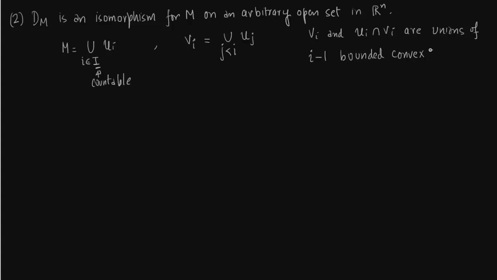And now we have come to the case i minus 1. Obviously, induction means i minus 1 should give you i. So we have to do induction on the number of these convex open sets.